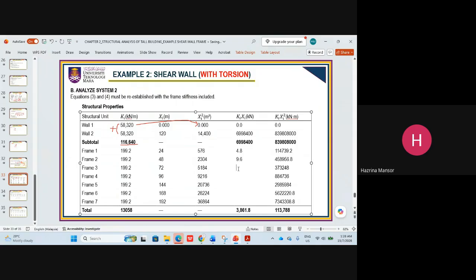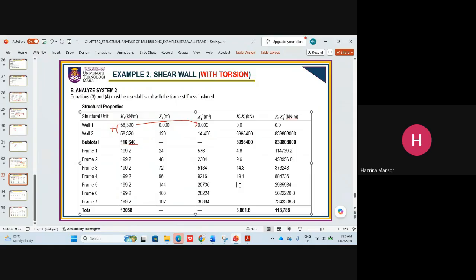And then you have 199.2 times 72 divided by 1000. This one is 14.3. 199.2 times 96 divided by 1000. This one is 19.1.